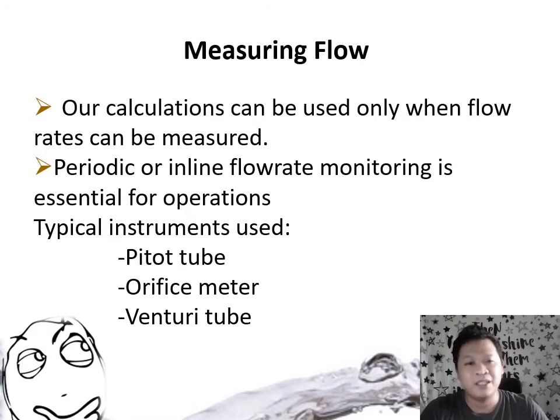So, kailangan din syempre ng regular flow rate monitoring sa mga operations kasi doon nakabase yung inyong operations. Paano malalaman, halimbawa sa ice cream plant, kung gaano katagal pa bago matapos yung production run? Titignan namin ano ba yung flow rate ngayon.